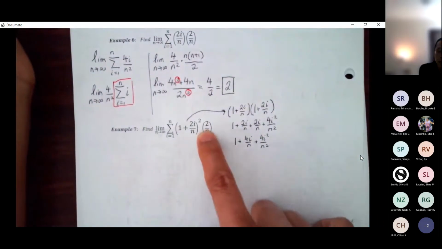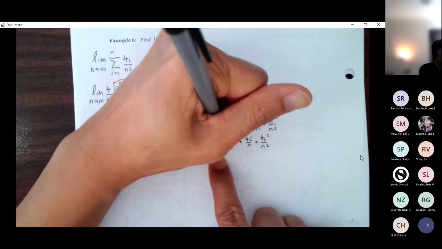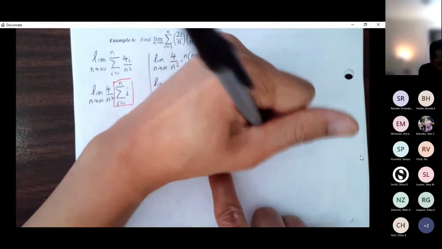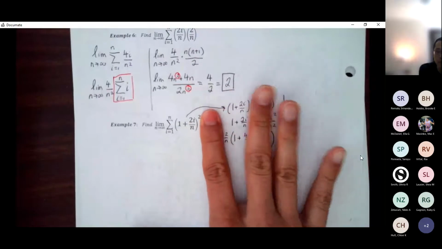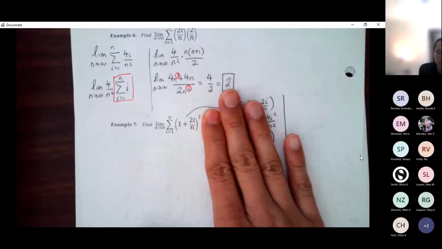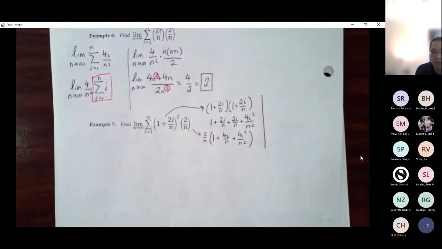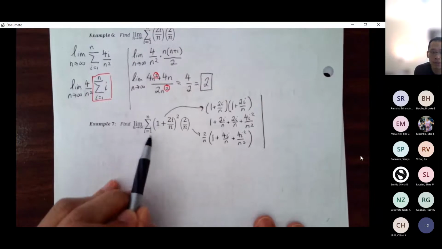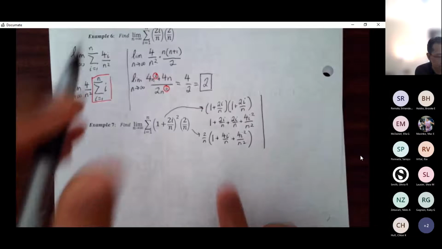And then I'm going to distribute this 2 over n through. Okay, so I'm just doing piece by piece, right? I FOIL out the parts that I want to clean up, and then I want to distribute that 2 over n through. That way I can get every term nicely separated with no parentheses in the way, and then I can kind of begin to identify each of the summation rules that I want to apply.